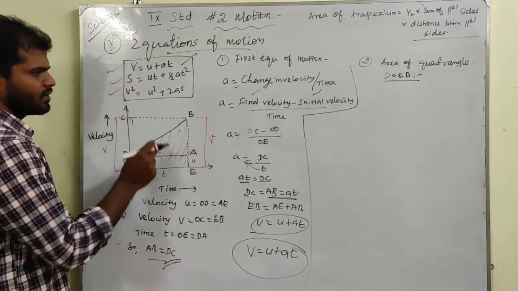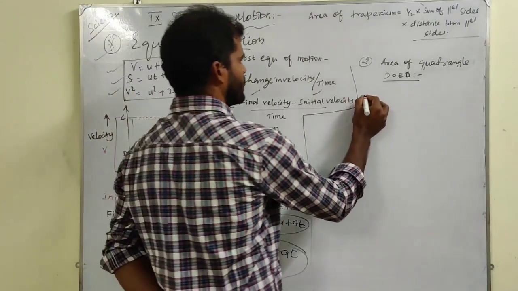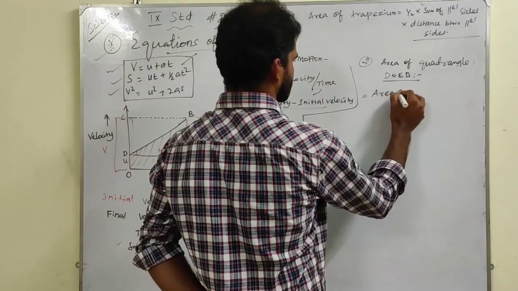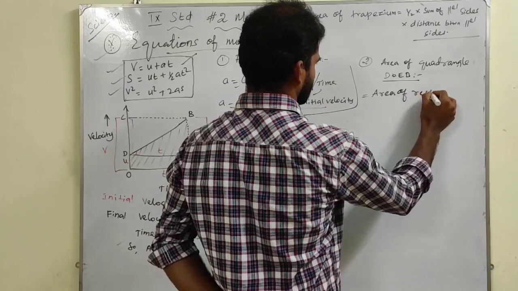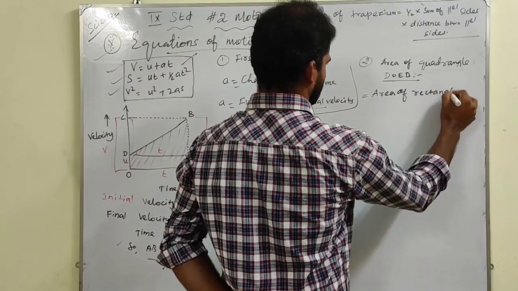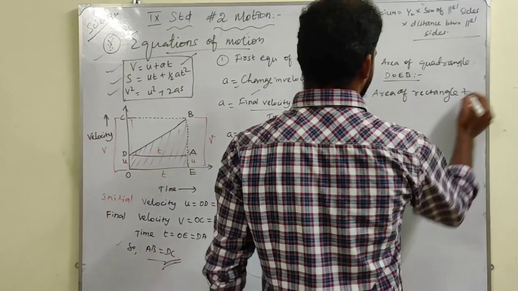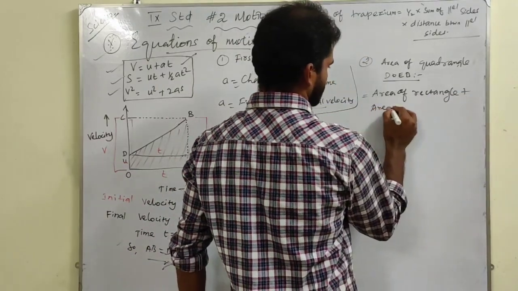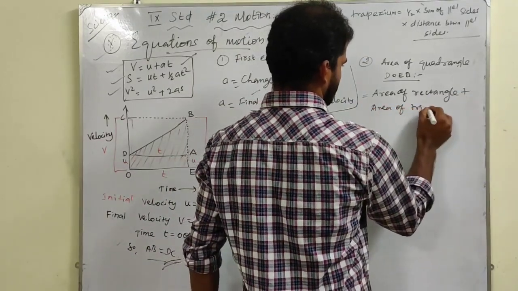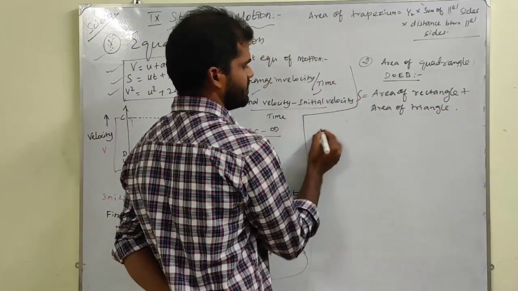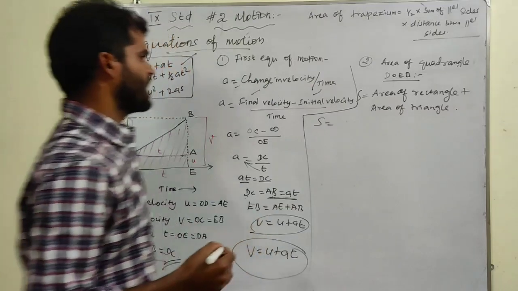One is a rectangle, another one is a triangle. So we have to take the area of rectangle plus area of triangle, that is displacement S. So S is equal to area of rectangle.